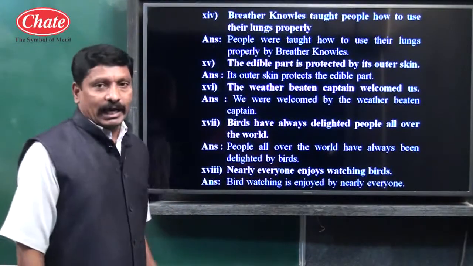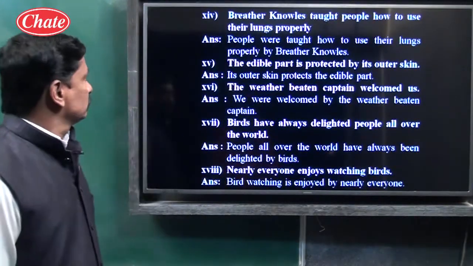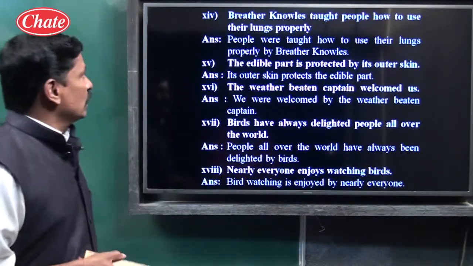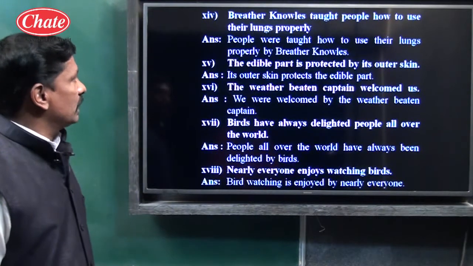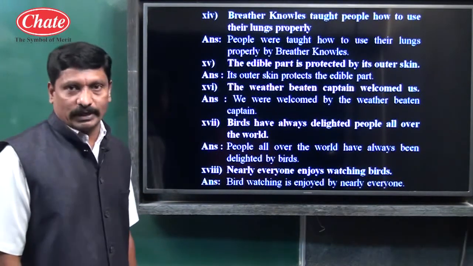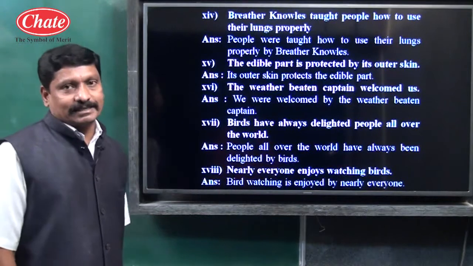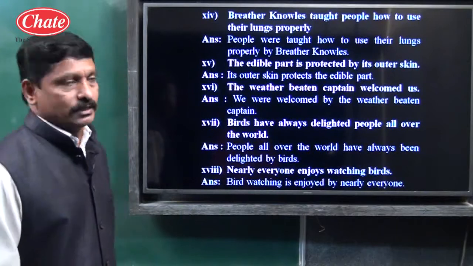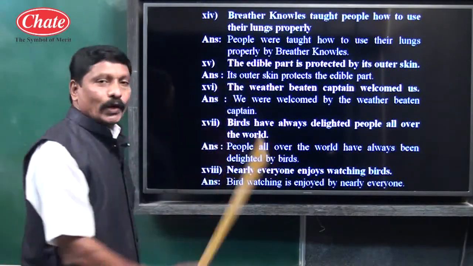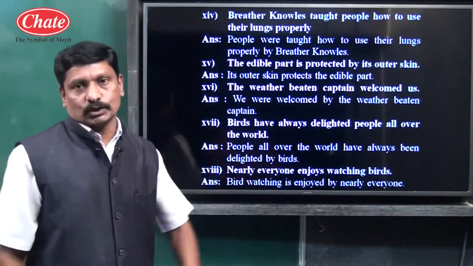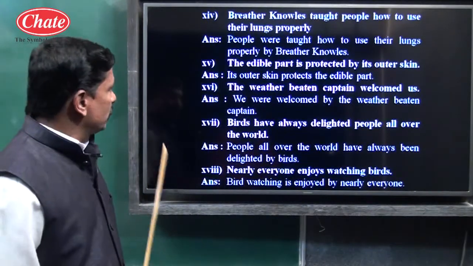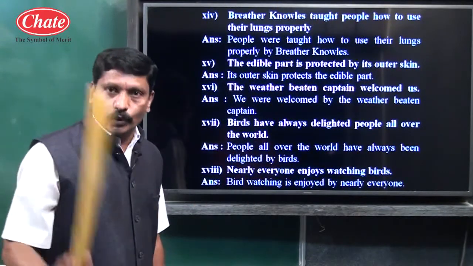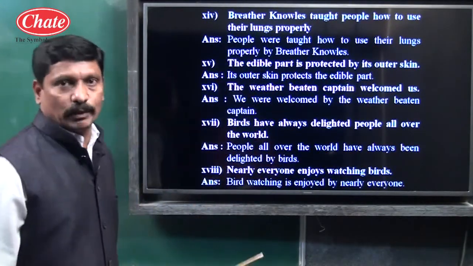Children, look at example number 14. Breather Noels taught people how to use their lungs properly. Let us analyze the sentence and find out whether the given sentence is in active voice or passive voice. See children, Breather Noels, doer of an action, so this is a subject. Taught is second form of verb. So given sentence is in simple past tense.